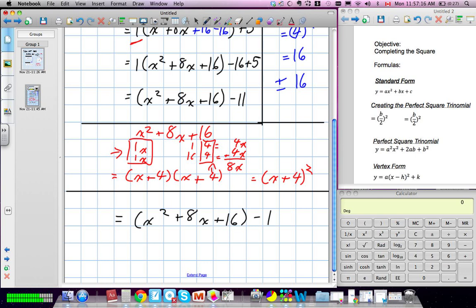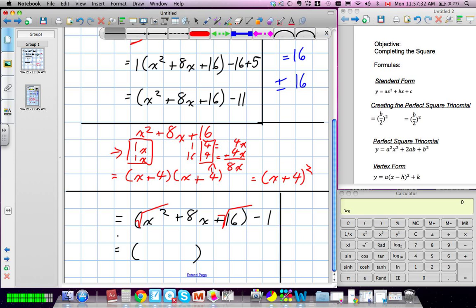Now, in order to factor this, all I have to really do is find the square root of the first term, square root of the last term. They're going to be combined into one bracket. We'll square root our first term. Not sure what happened there.